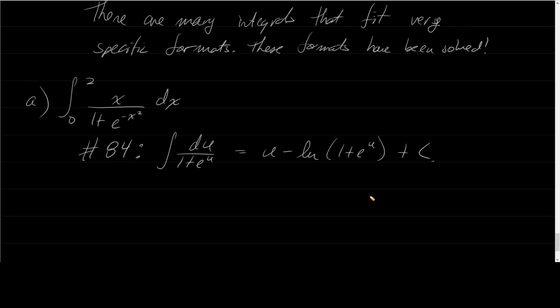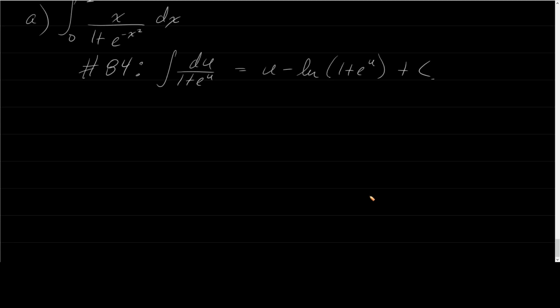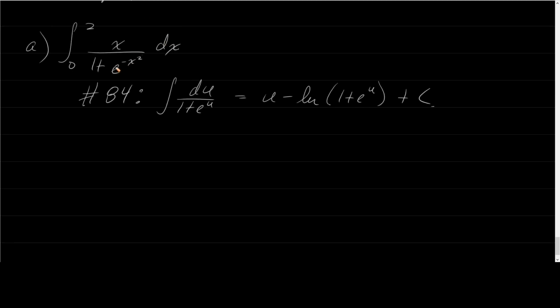All right. So what we can do in this one is a u substitution, right? If I let u be equal to negative x squared, then du is negative 2x dx, right? Which tells me then that, well, I have an x dx there, so I'm going to just solve this as du over negative 2 is equal to x dx.